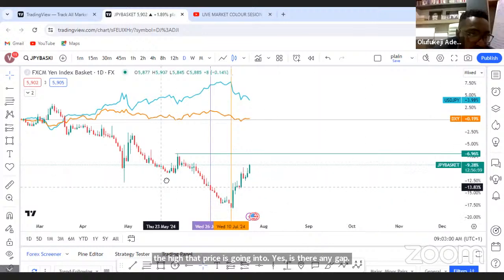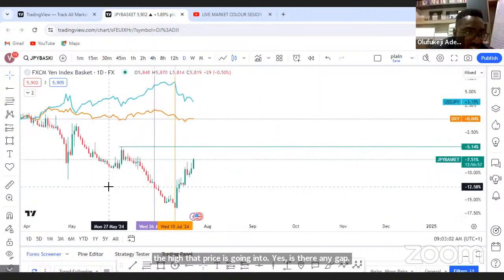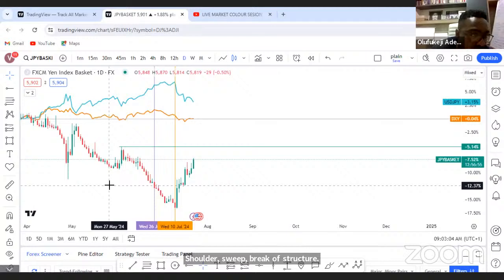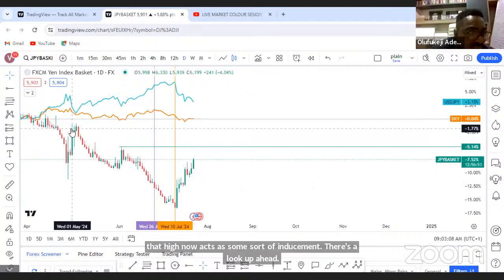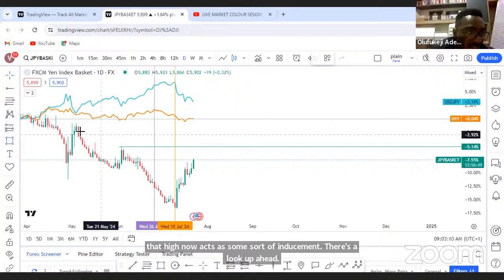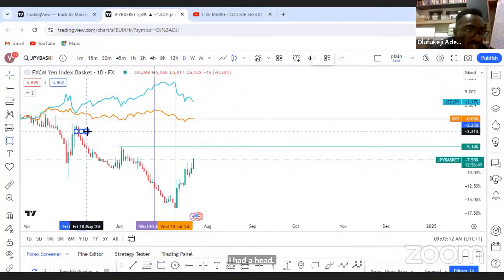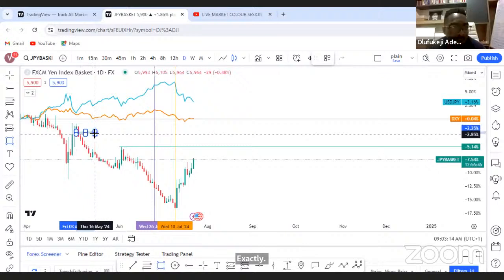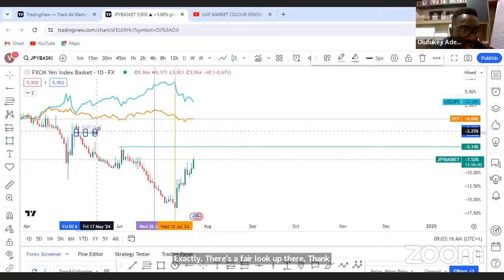Shoulder, sweep, break of structure? Because that high now acts as some sort of inducement. There's a fair value gap ahead. Exactly, there's a fair value gap there. Thank you very much. You can extend it all the way.